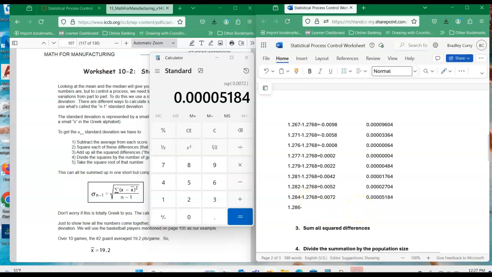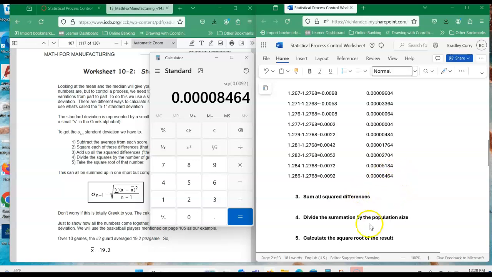So 1.286 minus 1.2768 equals 0.0092. So let's go ahead and square this one. 0.00008464. So there we go.